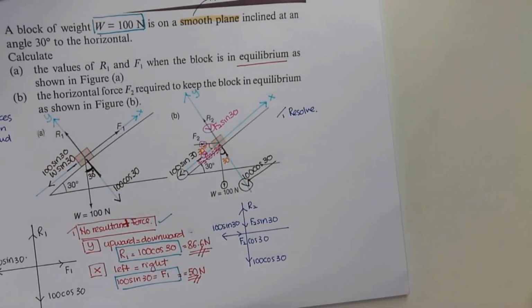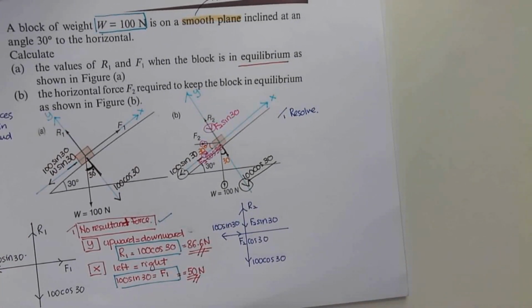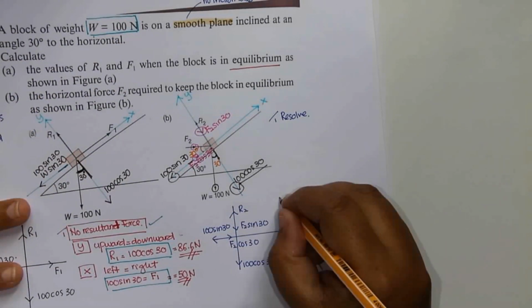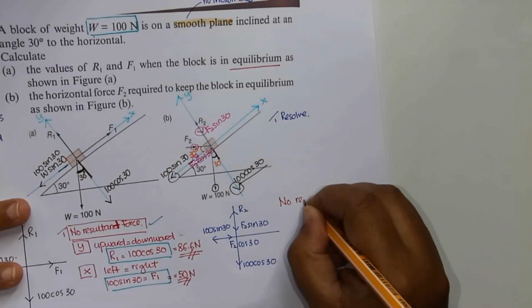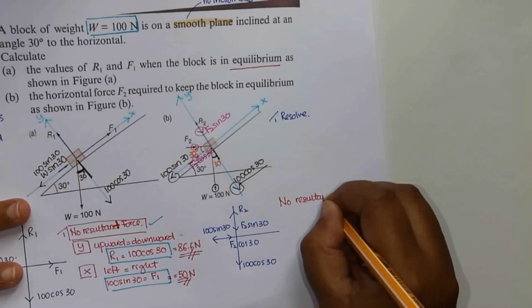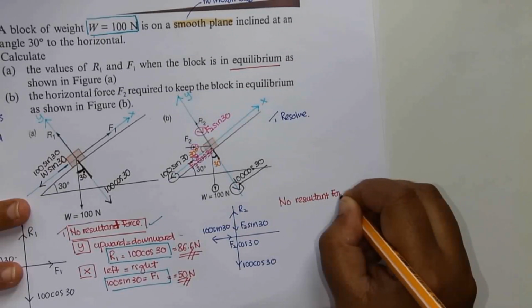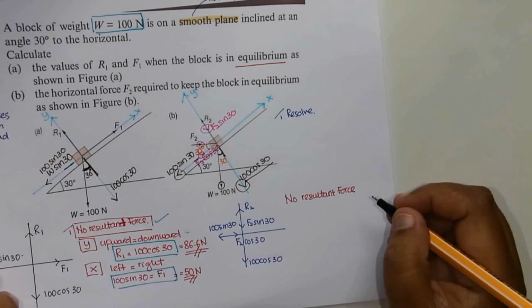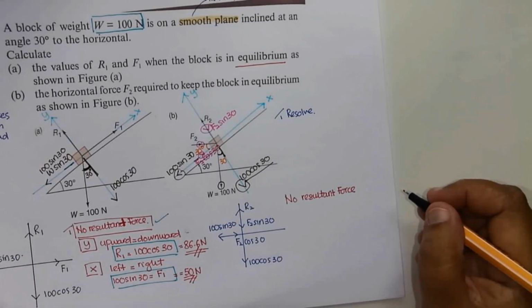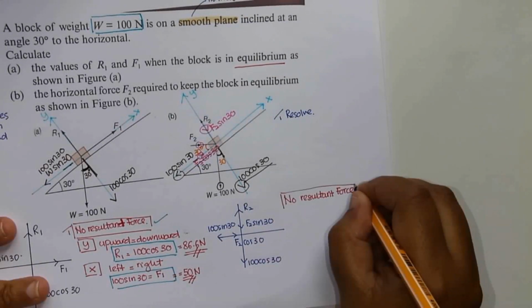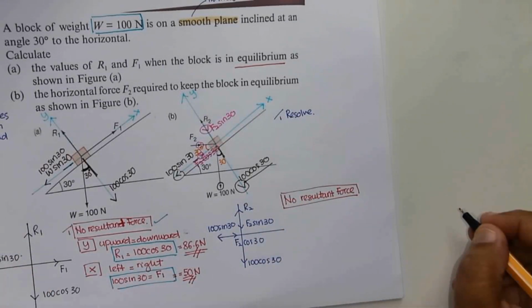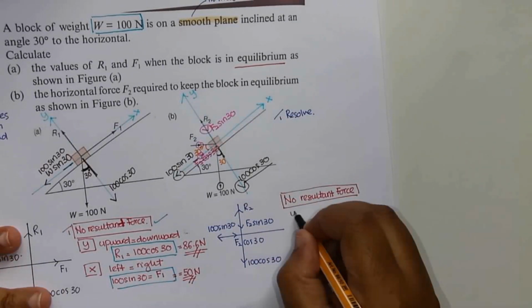Now we apply the condition of equilibrium of a particle. The condition is no resultant force on the object. So let's look at the y-axis.